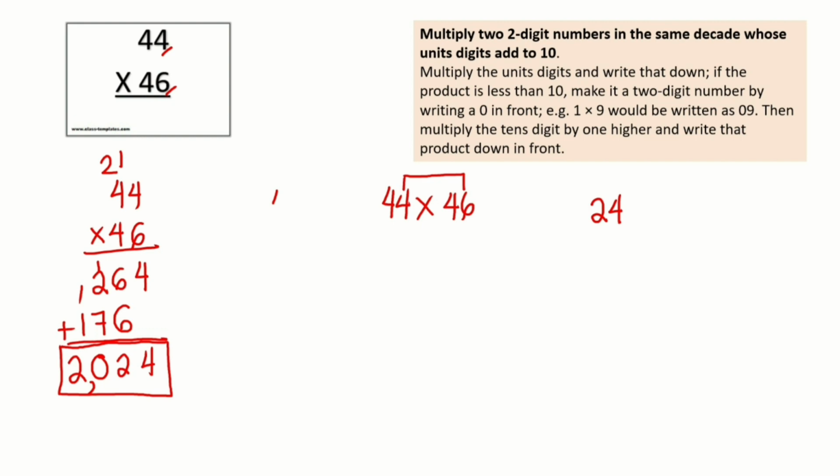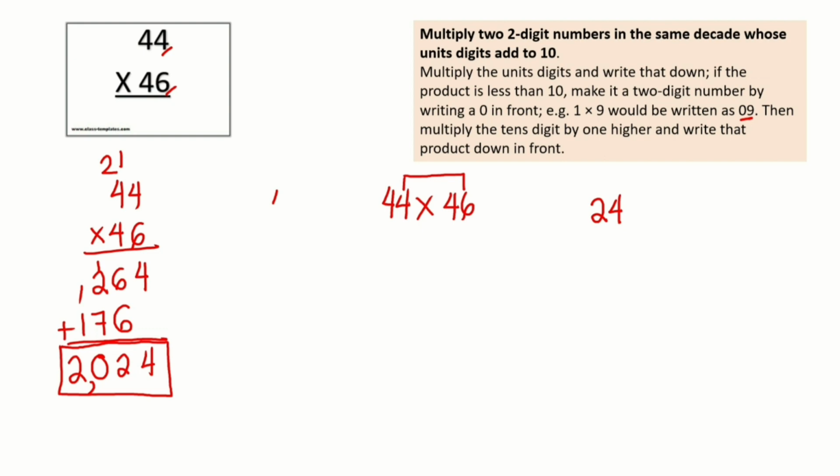Next, if the product is less than 10, make it a 2-digit number, writing 0 in front. For example, we have 1 times 9, it would be written as 0, 9. Next, after we get the product of the unit digit, we will multiply the tens digit by 1 higher and write that product down in front.